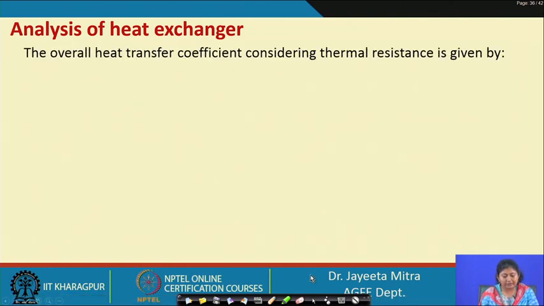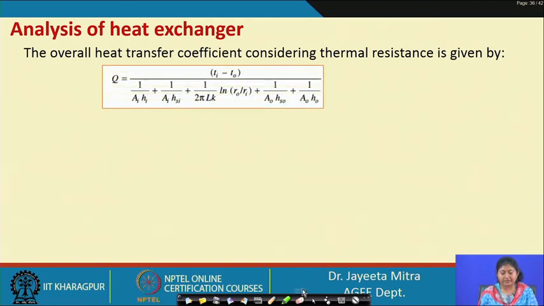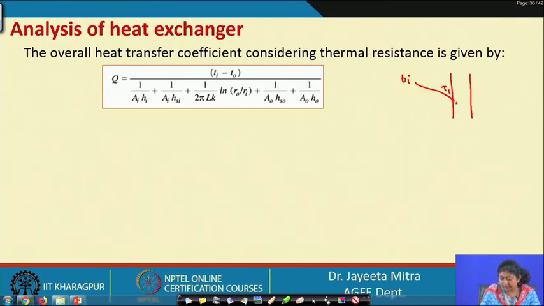So, the overall heat transfer considering the thermal resistance is given by Q equal to the driving force, that is T I minus T O, because if you remember, whether it is a tubular one or a flat one, we have T I and then T 1, then T 2, and finally T O. Okay.